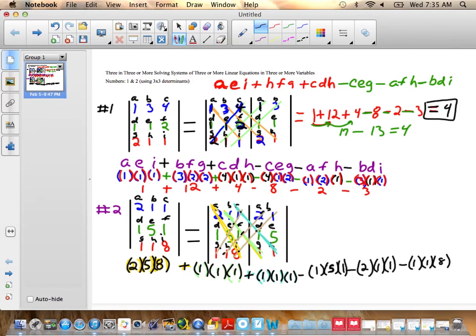Again, my letters were simply the position of my numbers. So I put the letters over my numbers and then used those for my positioning.